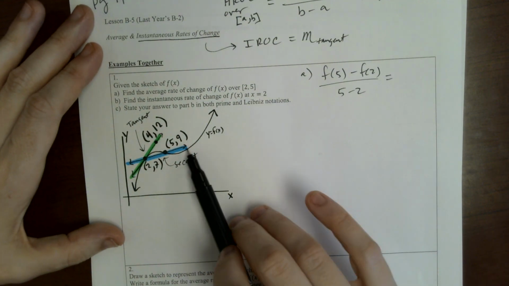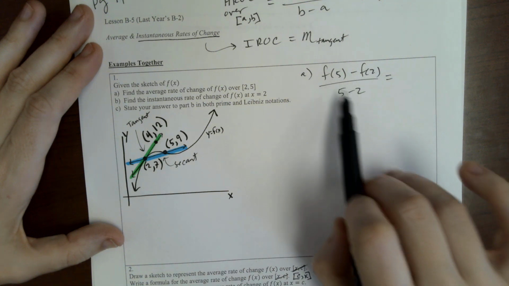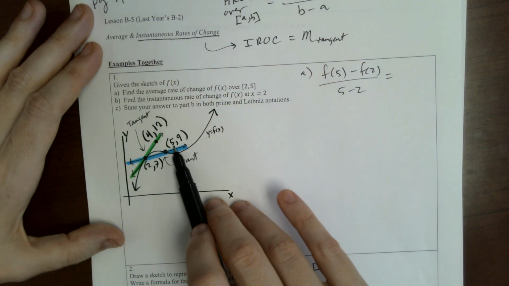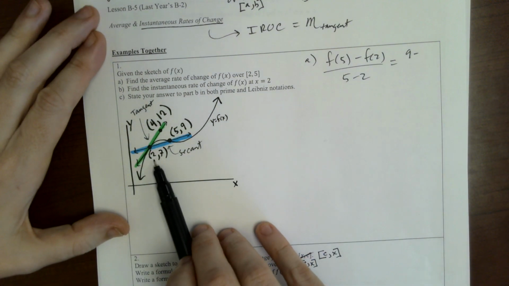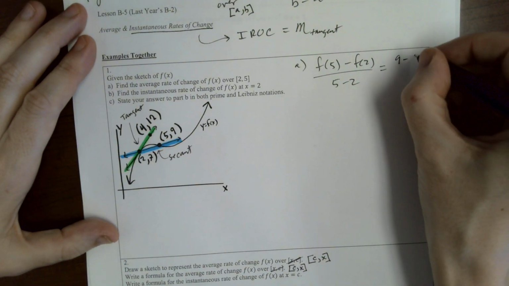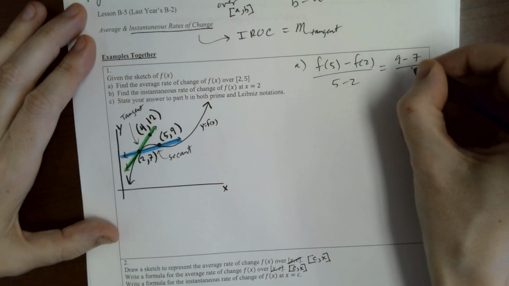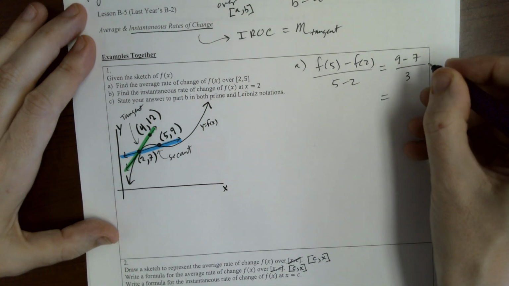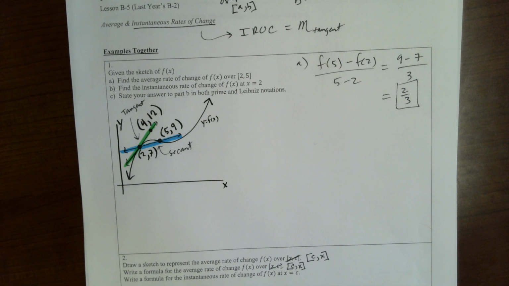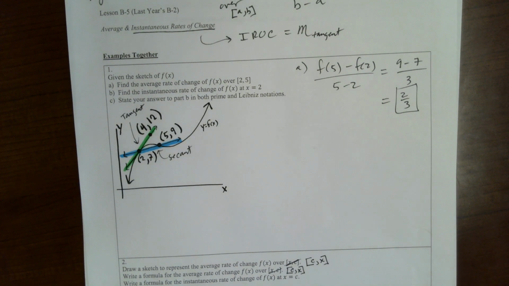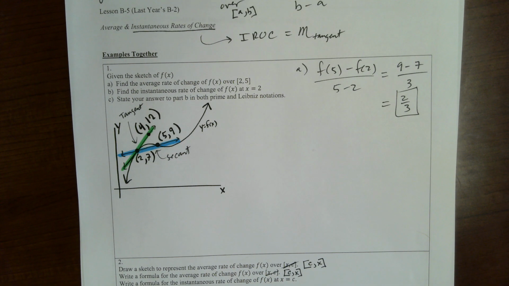And you could see from the graph, those are the y values. So f of 5 is 9 minus f of 2 is 7 over 5 minus 2 is 3. So 9 minus 7, okay, so 2/3. So the average rate of change over 2 to 5 is 2/3.